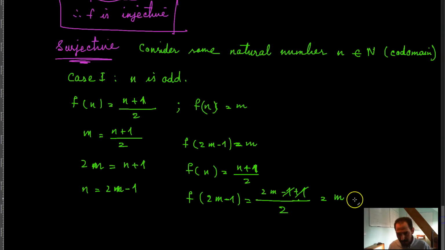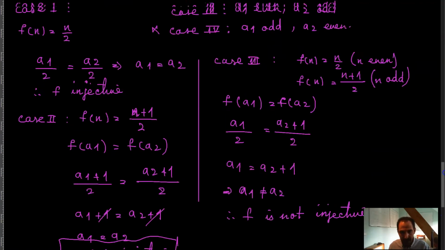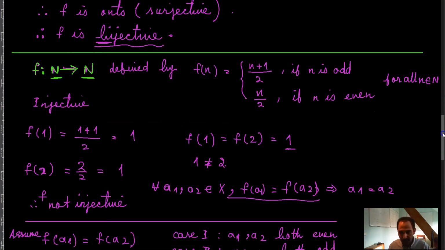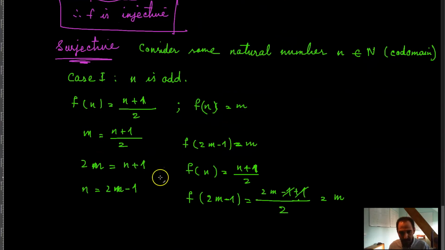And whatever the value of m is, let's say that m belongs to the set of natural numbers. Then for whatever m, if you multiply it by 2, you will get a natural number. Subtract a 1 from it, you will get a natural number. So that number exists in the set of natural numbers, which is basically the domain of your function.